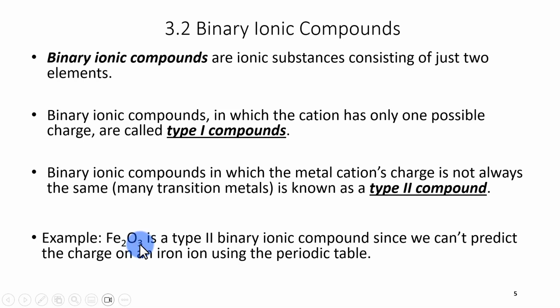Well, that's a 3. Now I can backtrack and take that up as the charge on my metal. In the previous slide, we took the charge and brought it down as a subscript, but I can do the opposite too. I can take the subscript on my anion and bring it up as the charge on my metal here, and that's iron 3.